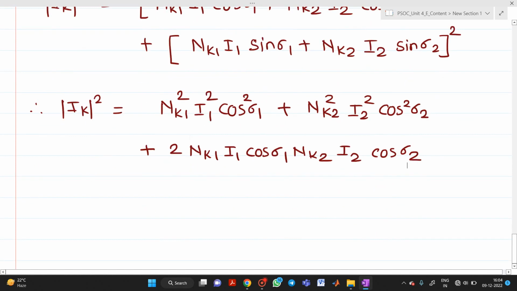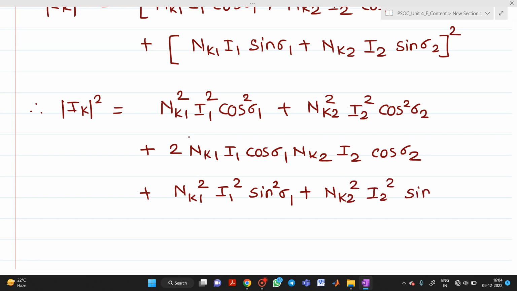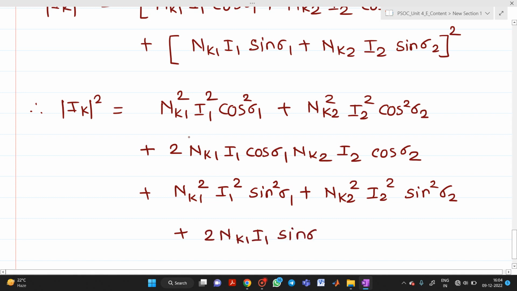This is the first term, and for the second term, if I do the squaring, it will be nk1 square I1 square sine square sigma 1 plus nk2 square I2 square sine square sigma 2, plus 2ab, which means 2 into nk1 I1 sine sigma 1 into nk2 I2 sine sigma 2.